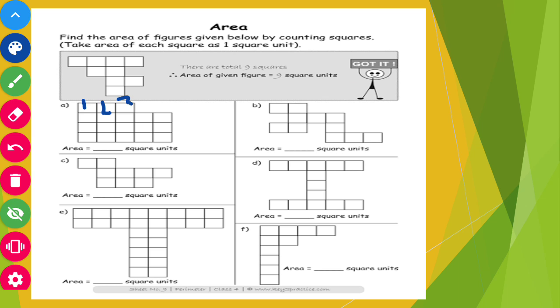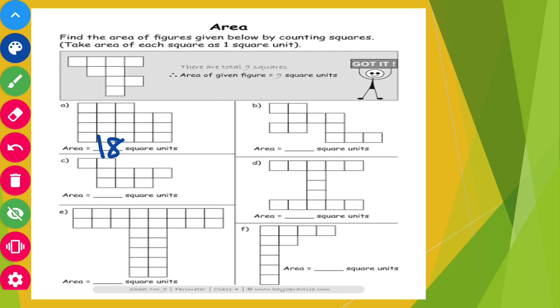1, 2, 3, 4, 5, 6, 7, 8, 9, 10, 11, 12, 13, 14, 15, 16, 17, 18. So 18 squares are there. So what is the area of the given figure? 18 square units. Isn't it, children?